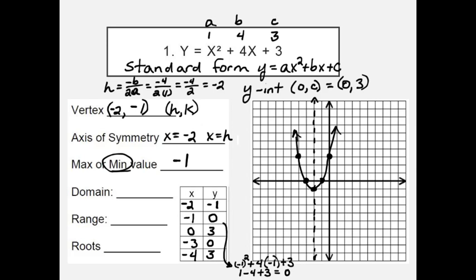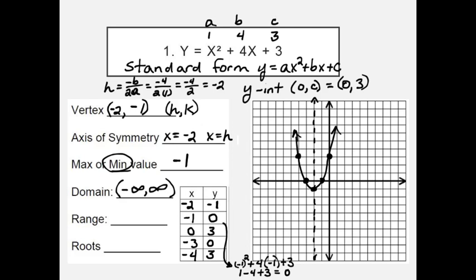The domain, all quadratics have the same domain. It is -infinity to +infinity. Sometimes you think you can never say all, but in this case, all quadratics have the same domain. The range, since it opens up, it starts at the bottom and goes to infinity.